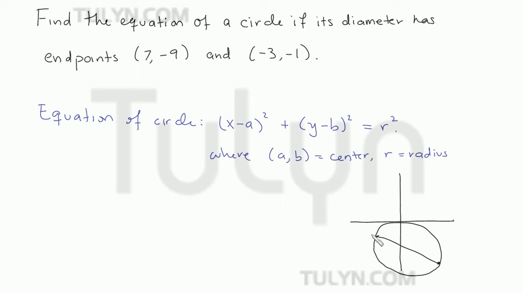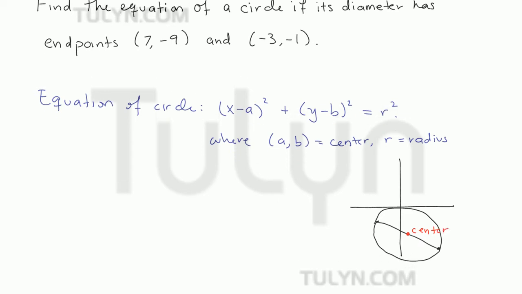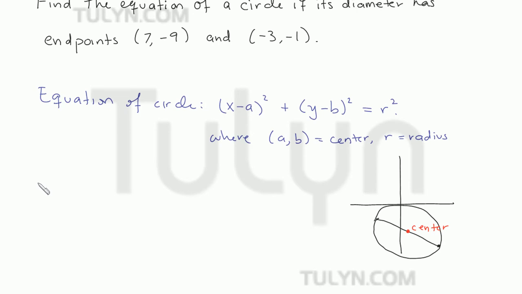Notice that if we find the midpoint of these 2 points, we would actually get the center of the circle, right? So what we have to do is find the midpoint of those 2 points.